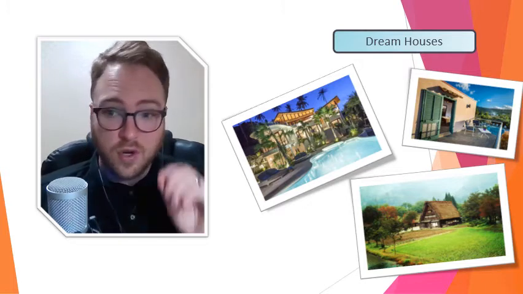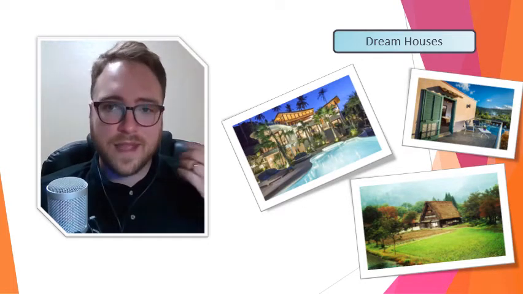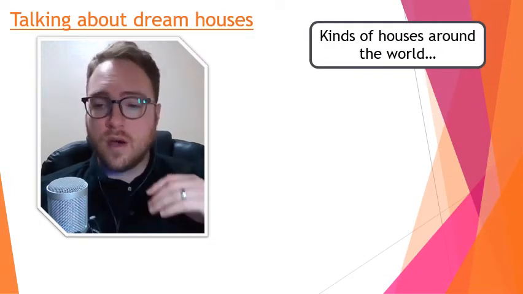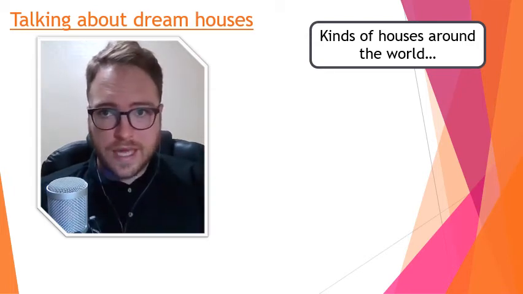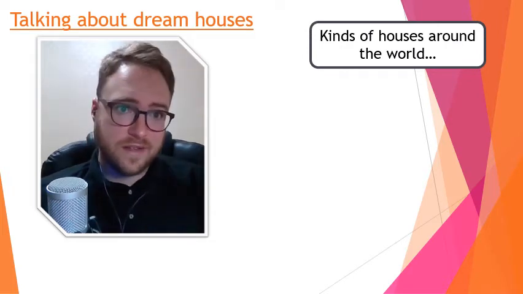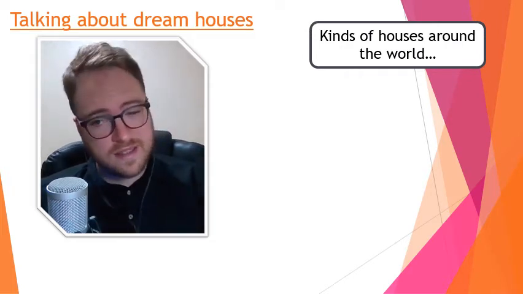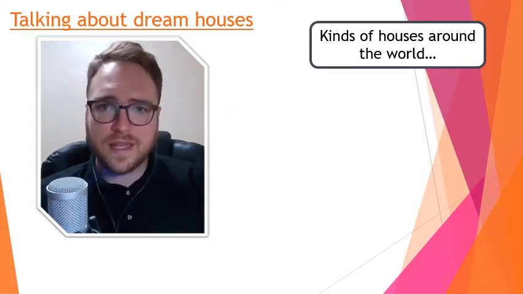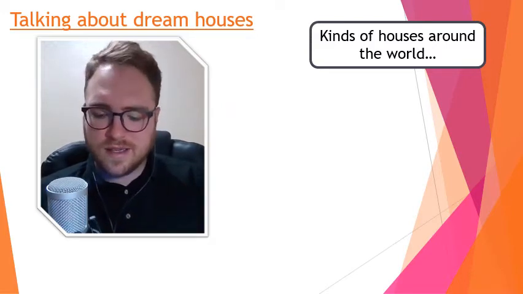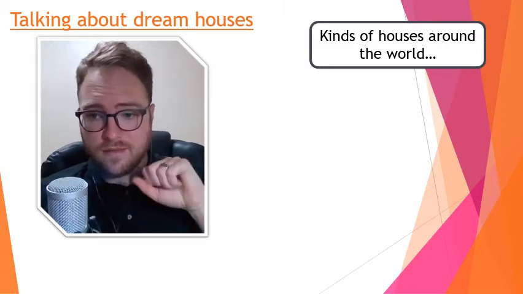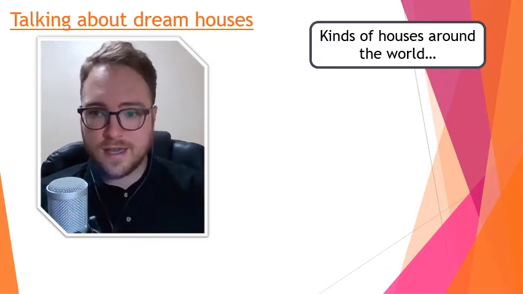Maybe have your pen and your pencil ready, and let's talk about the different kinds of houses. All right. So around the world, people live differently in different kinds of houses and different styles of houses. Okay, everyone likes something different. So let's look at some of the houses that people live in today, these days, in our modern time.